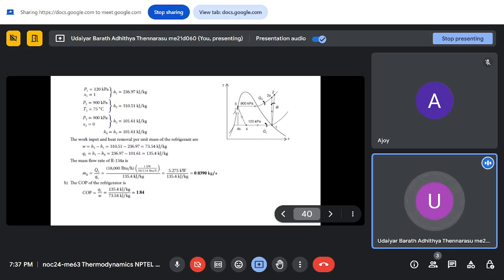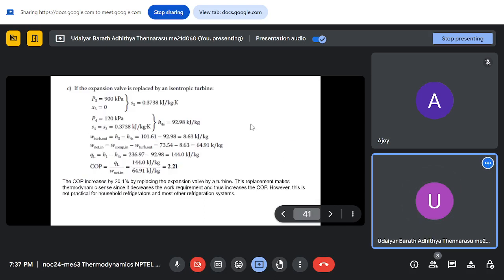But practically we don't use a turbine because we don't want to handle two phase in a turbine, and it will become less reliable. It is the same case we talked about in the Rankine cycle, so similar problems will happen. That's why we don't actually use a turbine in our home refrigerator or air conditioner. So this COP goes from 1.84 to 2.21.